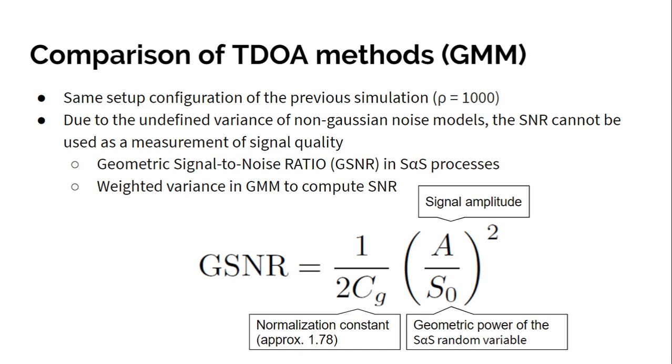It corresponds to an exponential, and it's close to 1.78, so that we ensure that the GSNR corresponds to SNR when the channel is Gaussian. S0 is the geometric power of the S alpha S random variable, and A is the root mean square value of the signal. It's not actually the signal amplitude, but it accounts for that. So it can be a little misleading, but that's the simplest way I could put it.